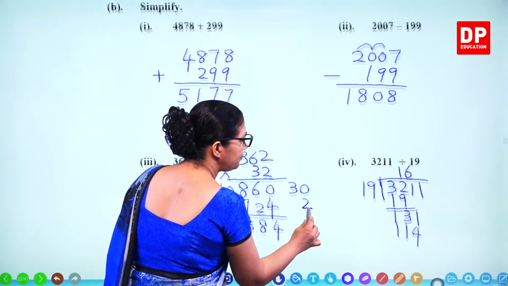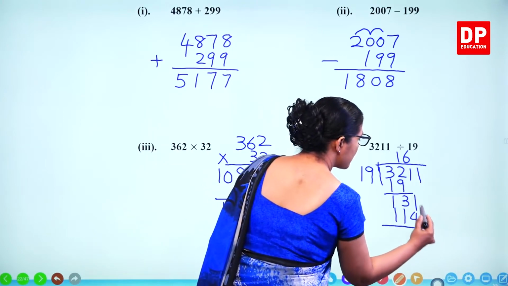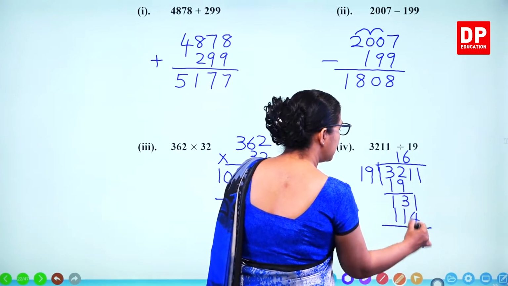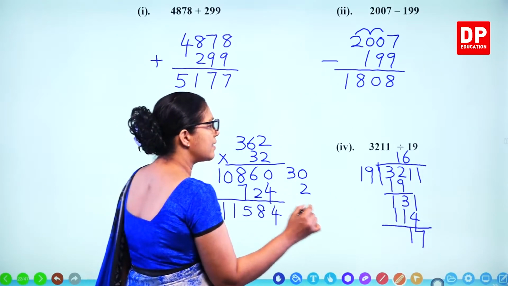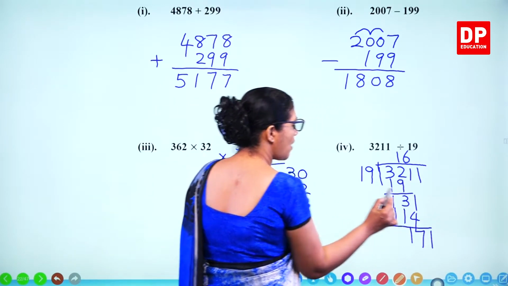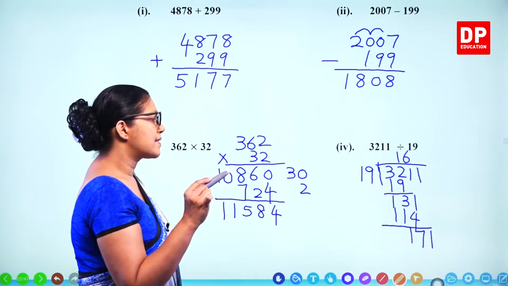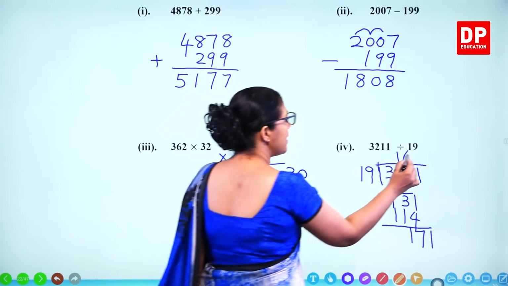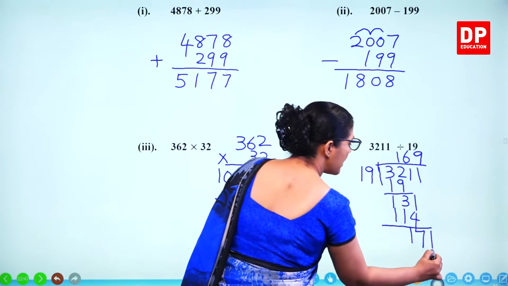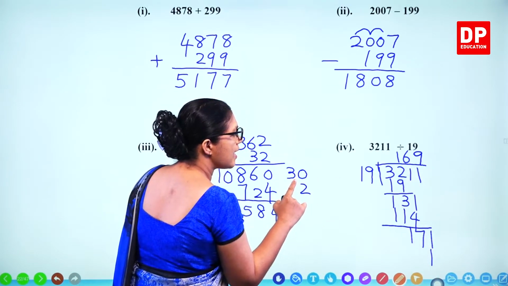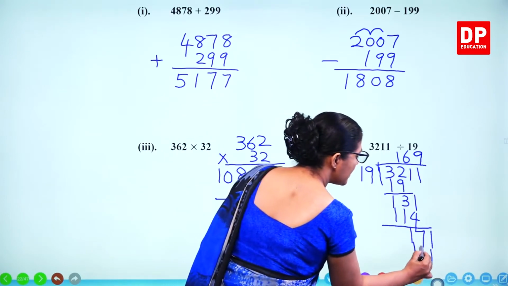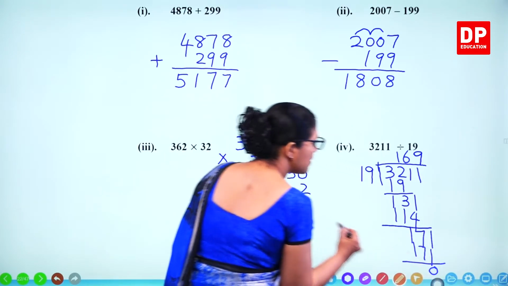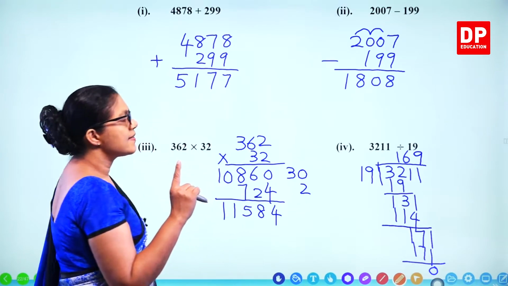Now, subtract here, you get 7 and 1. 17 remaining. 171. How many 19s? You get 9. 9 times 9, 81. 8 remaining. 9 times 1, 9 plus 8, 17. So you get 0. 169.